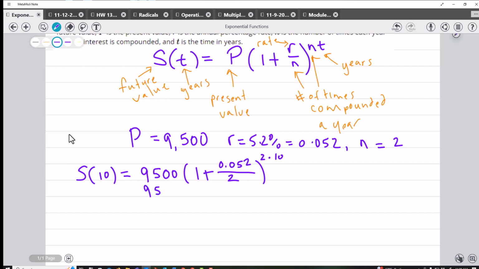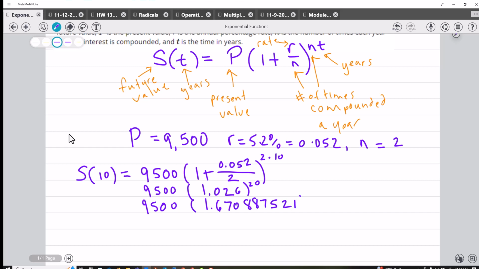Now, you want to be careful. If you have a fancy calculator, you might be able to do this in one step, but I'm going to write it out in case you get incorrect answers. So 2 times 10, 20th power. And you always want to keep as many decimals as your calculator will keep.